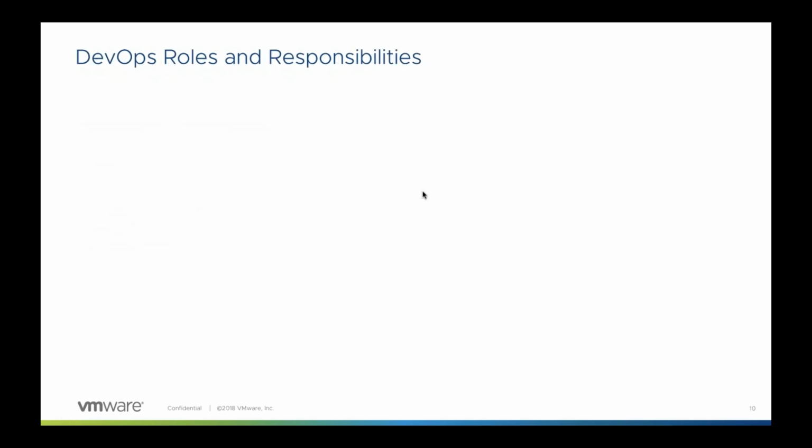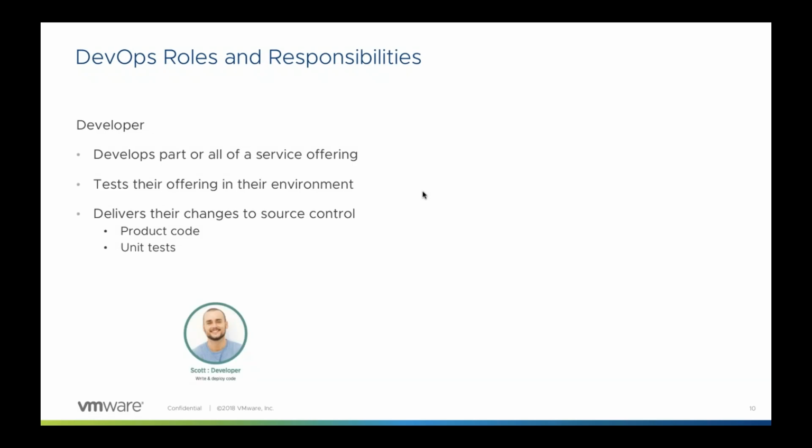So one thing I'd like to talk about is what are the roles and responsibilities in DevOps? So we have developers. The developer may be the person building the template in vCenter. They may be the person building blueprints and workflows in vRA. They may be doing all of those things. It really depends on how sophisticated the customer is and how large their team is. We've seen people who do it all.